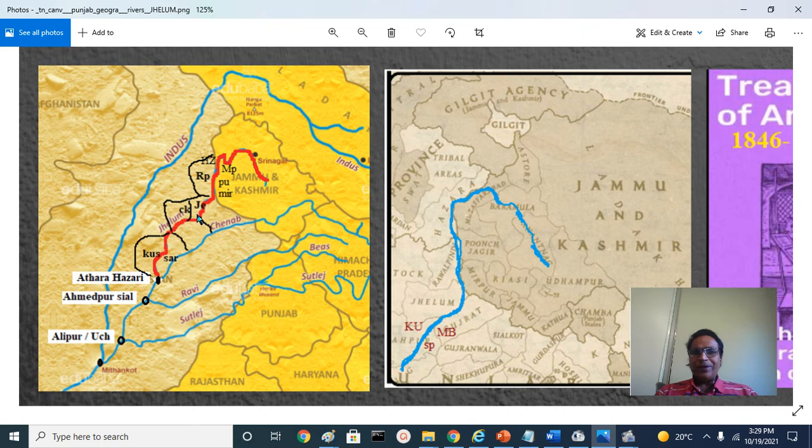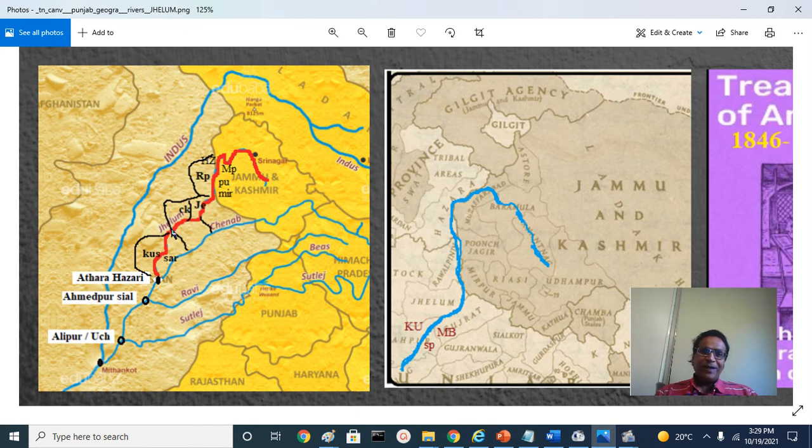The river continues and it separates Chakwal District in the north from Mandi Bahauddin district in the south, on the left side of the river. Previously it was a bigger Gujrat district, then it was separated into Gujrat here and Mandi Bahauddin here.